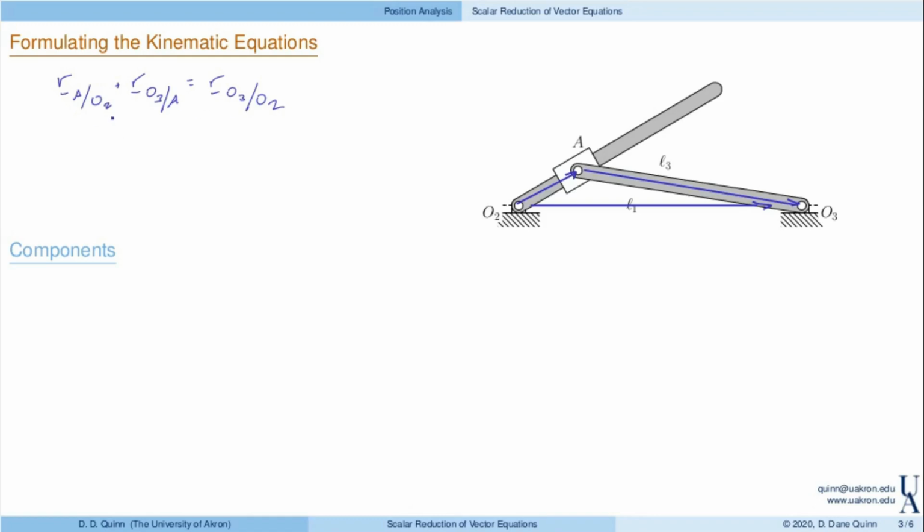So let's look at the position of A with respect to O2 first. Now, this bar moves around, so the orientation of this vector can change. It is known, because it's going to be assumed to be our input link, but we'll write that as of direction I2.